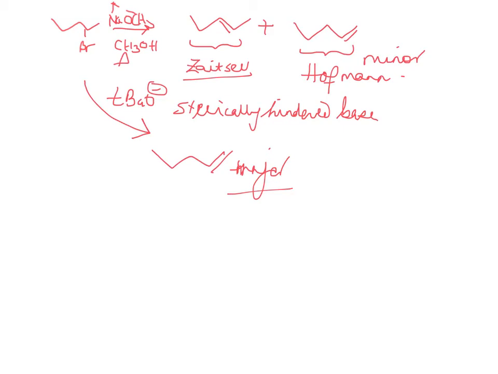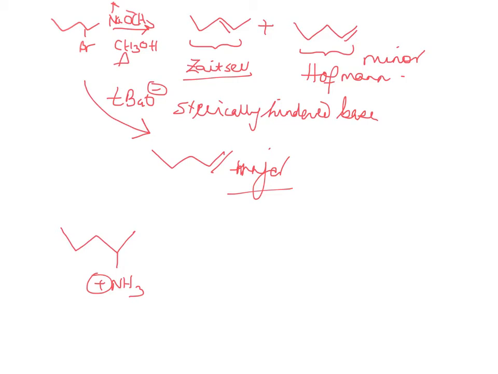Typically, if your leaving group is a fluoride or if it is an onium ion, something like ammonium, NH3 with a positive charge, or a hydronium, that's a possibility, or sulfonium. Those will be great examples for carrying out a Hoffman elimination, provided the correct bases are given.